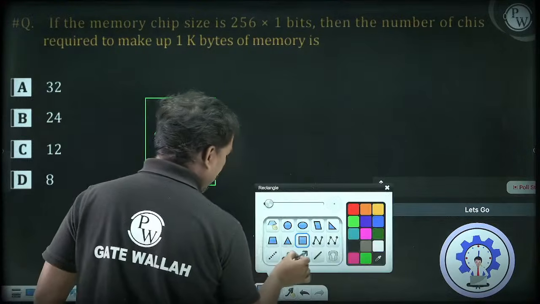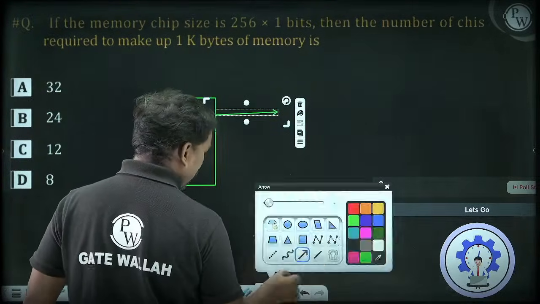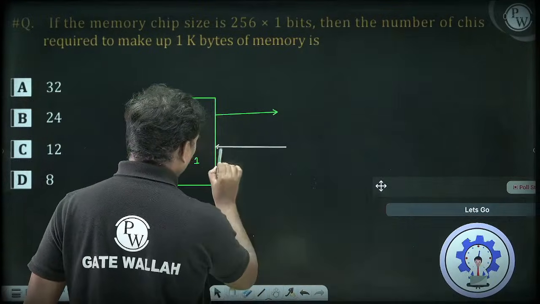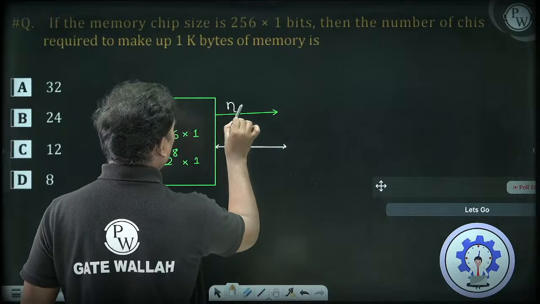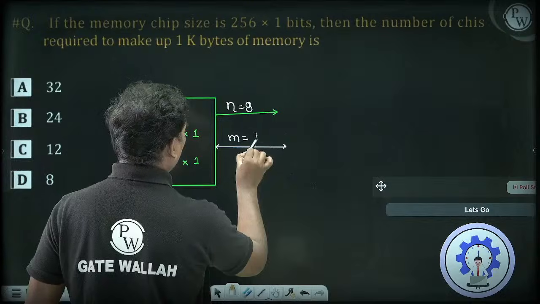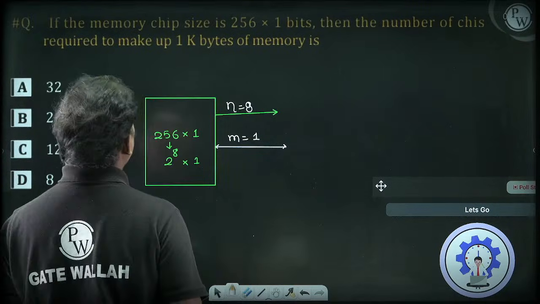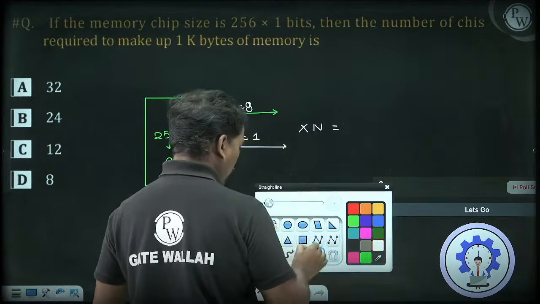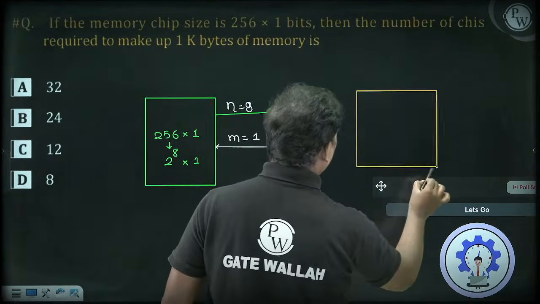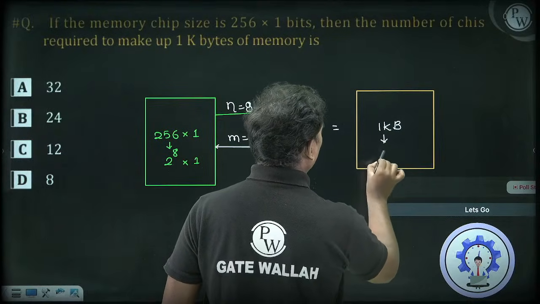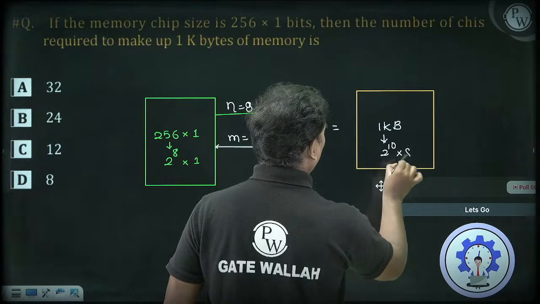So n is equal to 8 and m is equal to 1. How many chips are required to make 1 KB? 1 kilobyte means we can write 2 power 10 cross 8.